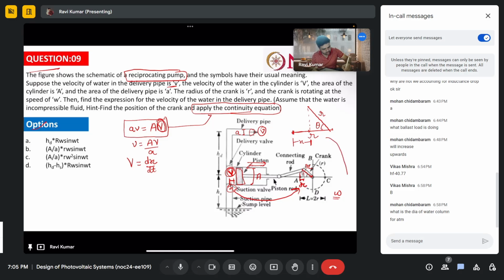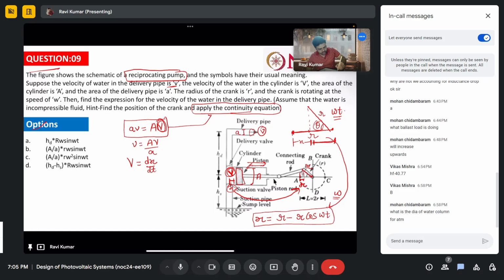I'm writing here, this x will be R minus, meaning total R minus this distance, and this distance will be R cos theta. Theta is a particular angle at a particular side, but from the rotation we can take it as omega t. Omega t will be equal to theta, so we can write this as x equals R minus R cos omega t.